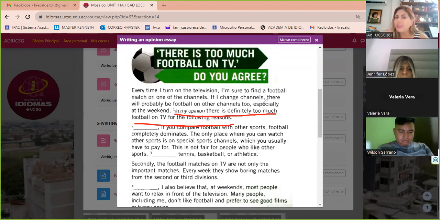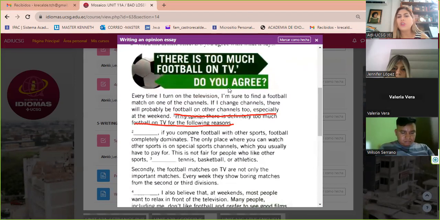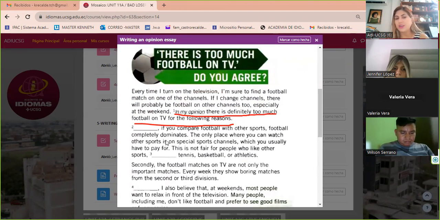You see, in the thesis statement, you have to tell me your point of view. Now, the first one, as I said, you have to tell me one reason why you agree or disagree. First reason, if you compare football with other sports, football completely dominates. And there are some examples. Then, in the second paragraph, you have to give me another reason.